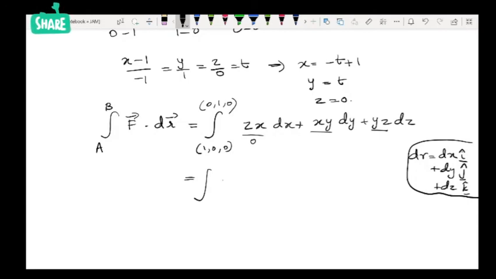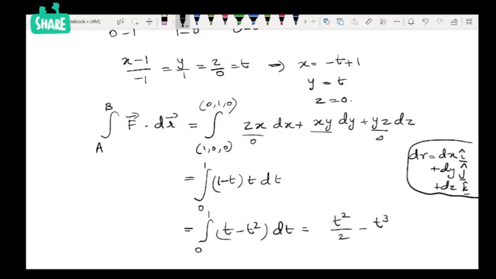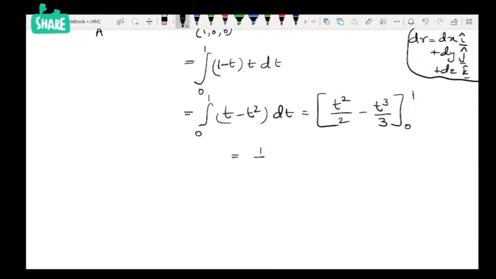So the integral A to B is 1 minus t times t dt, because the first and last terms are 0. Integrating this we get t square by 2 minus t cube by 3 from 0 to 1. Applying the upper value we get 1 by 2 minus 1 by 3, and the lower value will give 0 only. So the answer for this, if we take LCM, is 3 minus 2 over 6, which is 1 by 6.